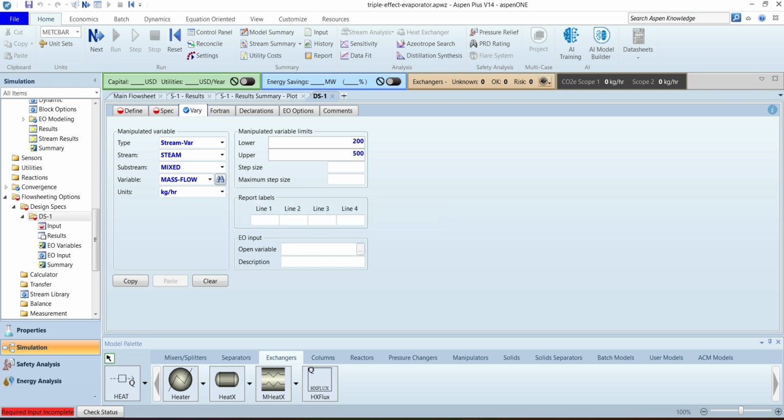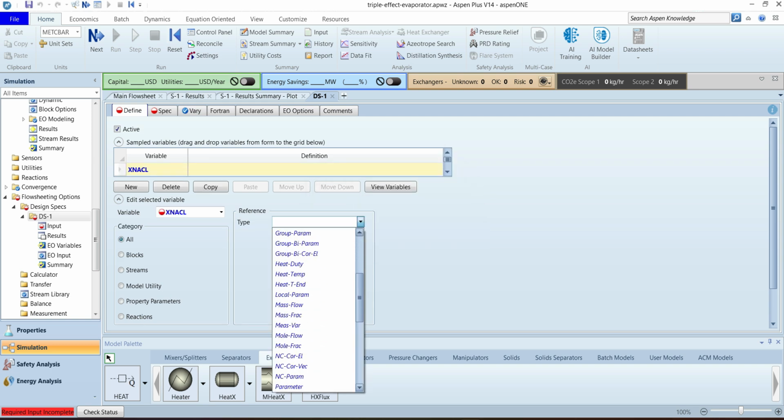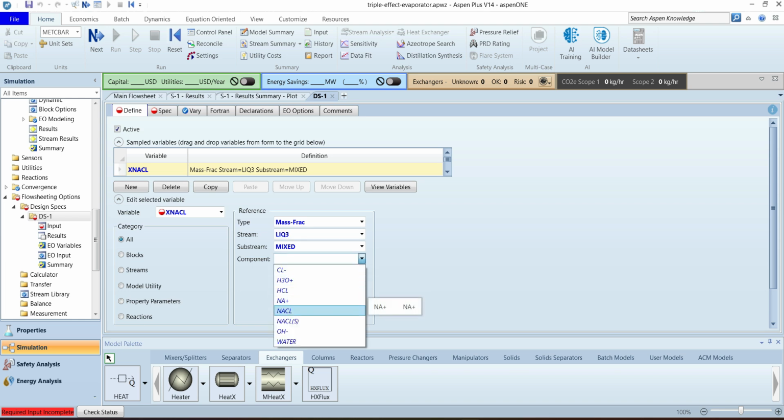So we will vary this, and by varying, we want to obtain as objective function 20% mass concentration of brine solution. So let's create the same variable NaCl mass fraction. Take the variable as mass fraction, take the stream as the same liquid 3, and the component is still NaCl.